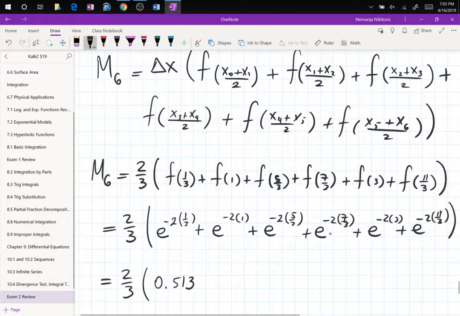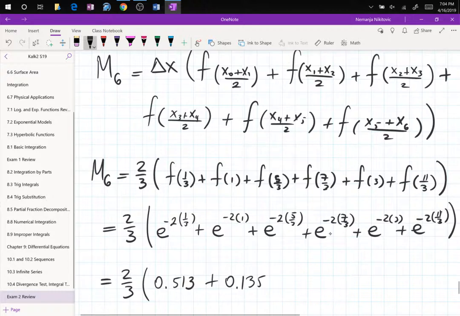You actually have to do 2 decimals because it's going to get... So now 1 is plus 0.135, and then 5/3 is going to be 0.6944833501 as the final answer.